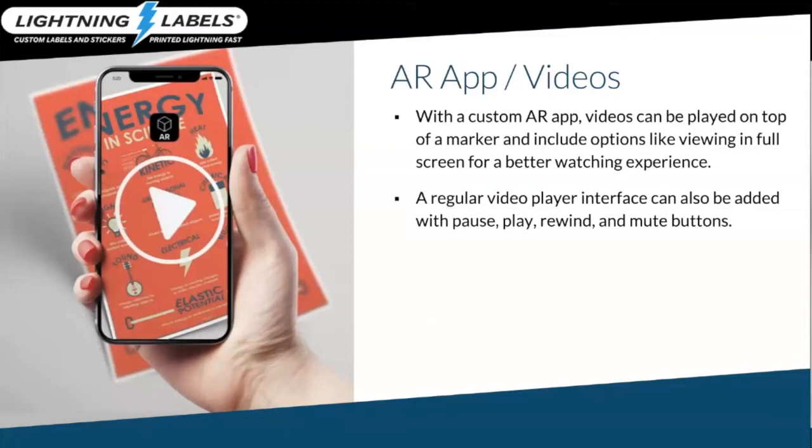Most of the people on the call today have some type of marketing material available to them, whether it's an animated video, or perhaps it's a live video that was shot. Something about your product, a lot of people have this content readily available, and it's really easy for us to put this content and lock it onto a label using augmented reality.